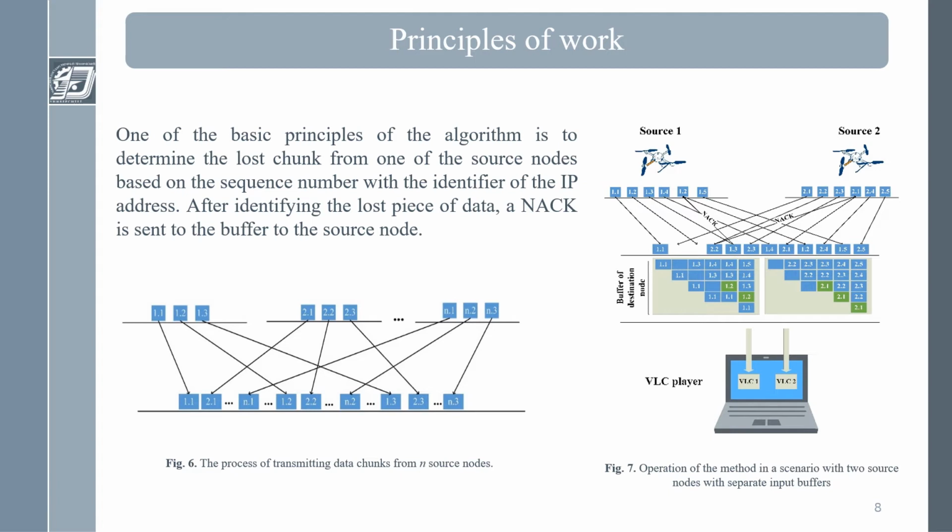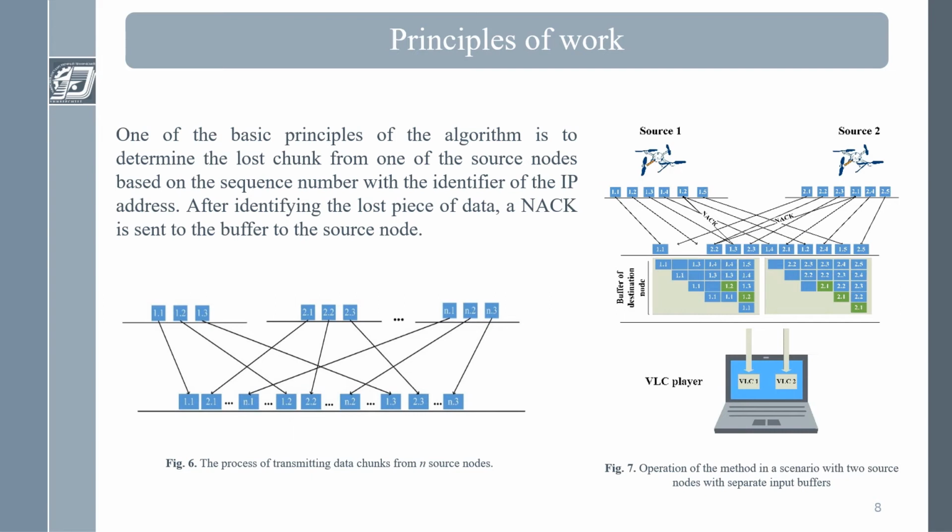In Figure 7, two source nodes send chunks of data to a destination node. When transmitting data through a communication channel, the first node loses the second piece of data and the second node loses the first piece. The ARQ for the first node comes in the form of a response to the third piece of data. At this time, the fourth chunk is being transmitted, and after that, the second chunk is resent from the first source node.